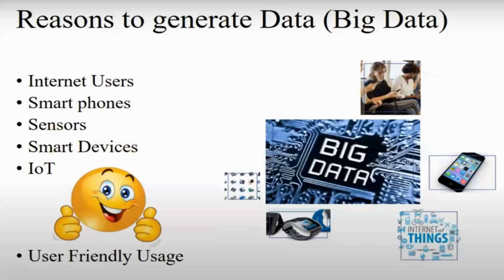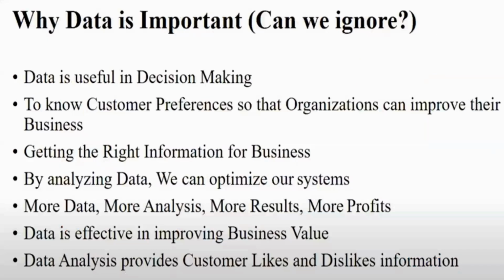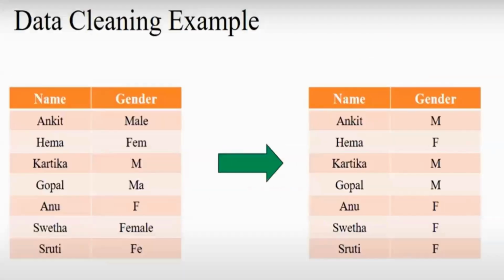And apart from that, when I talk about data engineering, whoever organizes their data, the companies also need to think about how to clean their data. If you observe here, what is the problem with this name column and what is the problem with the gender column? The name column is looking good, there is not much difference. But the gender column is not looking good. Correct or not?